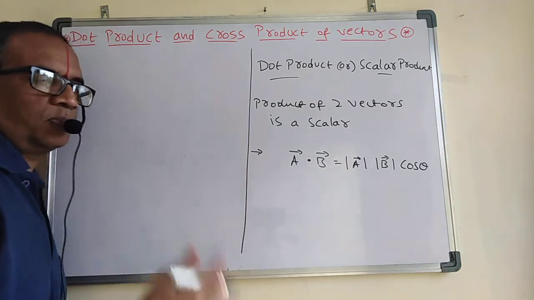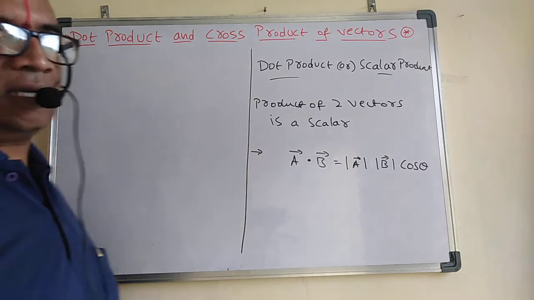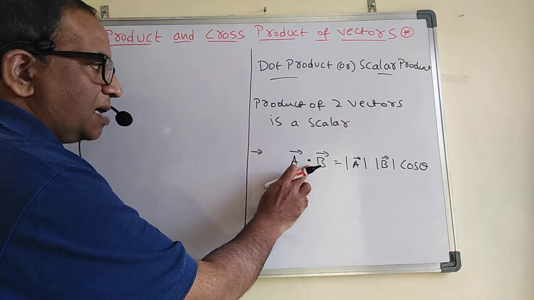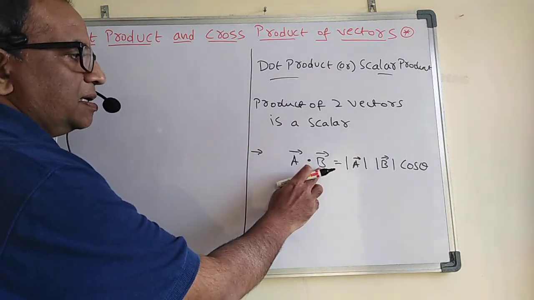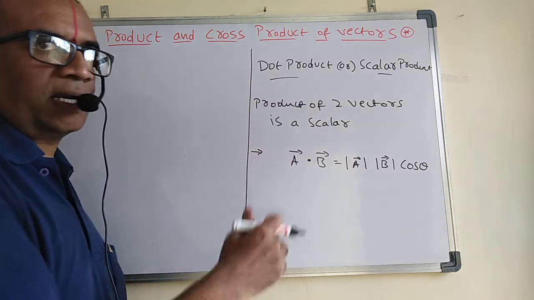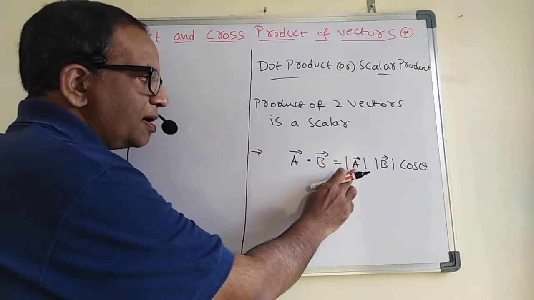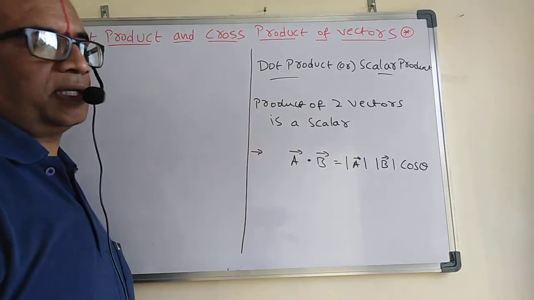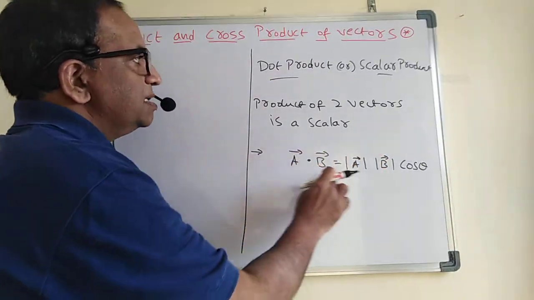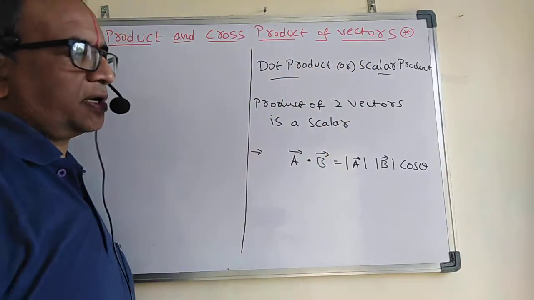So the dot product of two vectors is the product of their magnitudes and the cosine of the angle between them. This is defined as the scalar product.